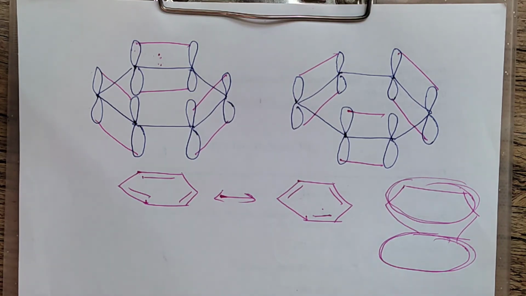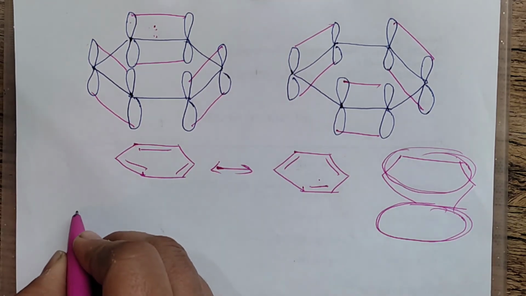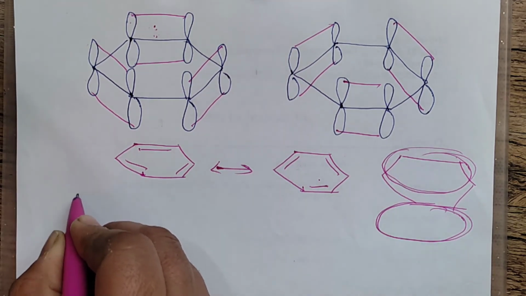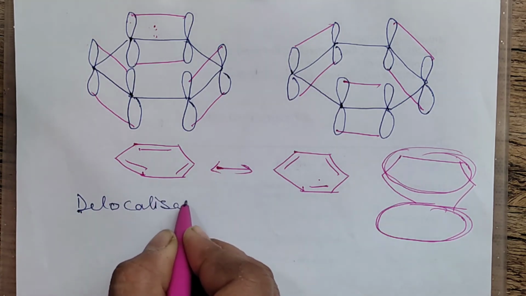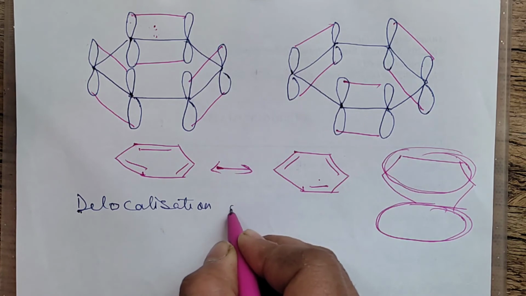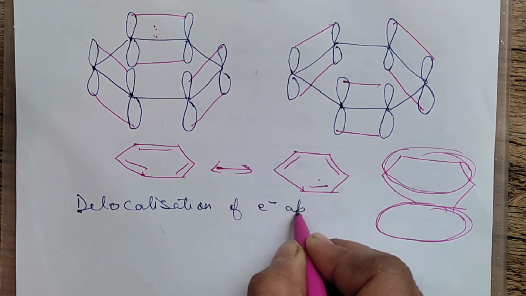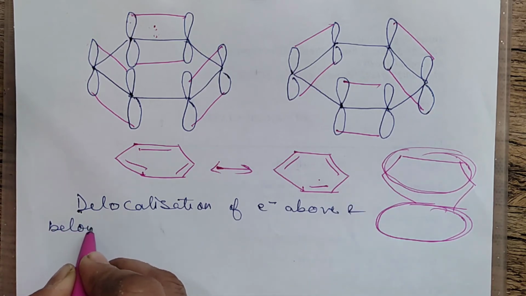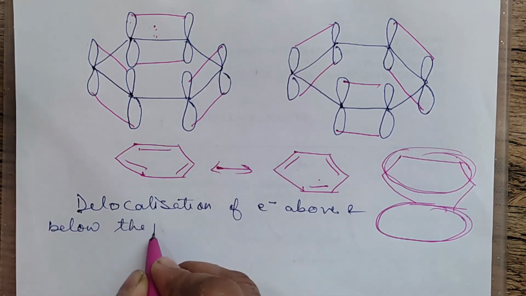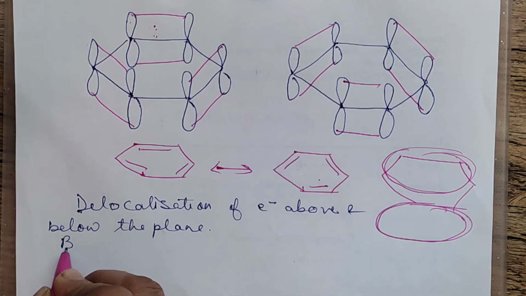So due to which what happens is, you find that in benzene, due to delocalization of the electrons above and below the plane, what you find is the bond length.